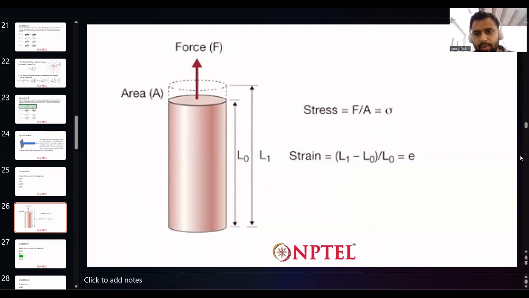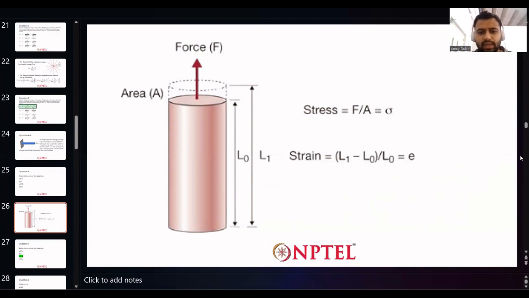For every molecule there is attraction and repulsion between them, and they are in equilibrium. When the equilibrium is being disrupted, there will obviously be some opposite reaction, because as per Newton's law, for every action there is an equal and opposite reaction.